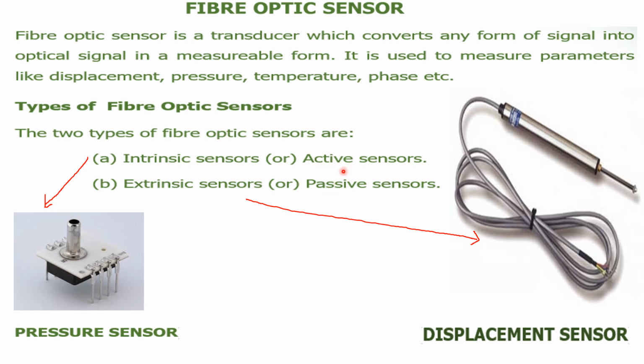Active sensor means an optical fiber, if it involves itself in the determination of a parameter, then it is called active sensor. Passive sensor means it will only help the sensor to work, which means it will simply act as a waveguide. It will not involve itself in the determination of any parameter. That is called passive sensor.